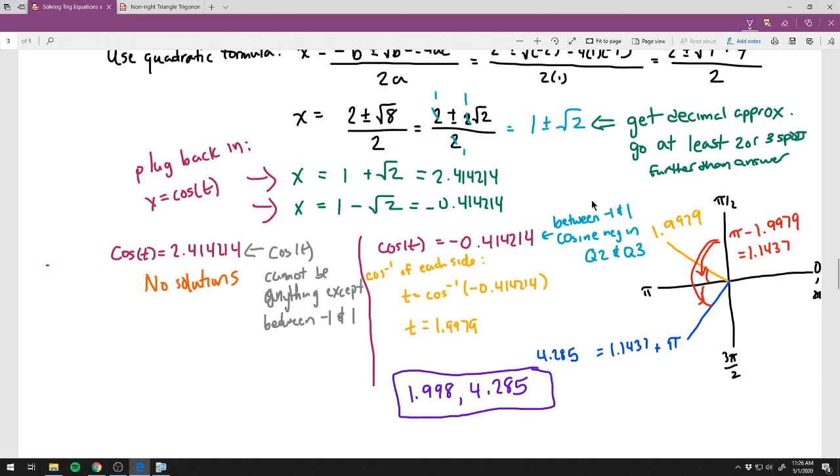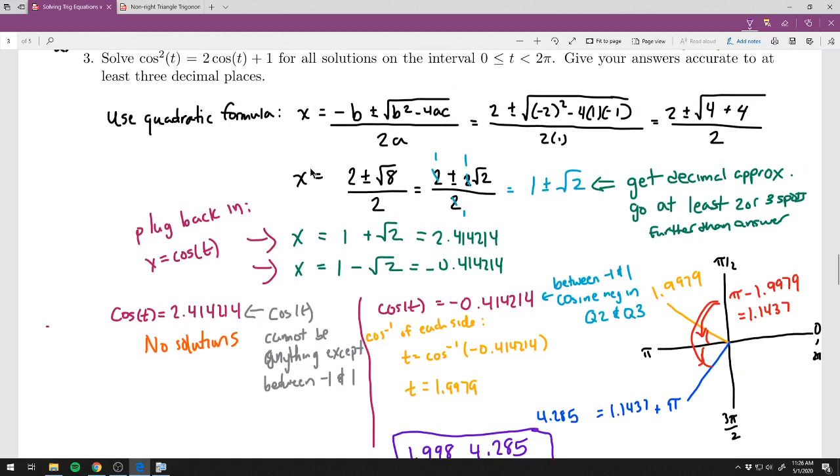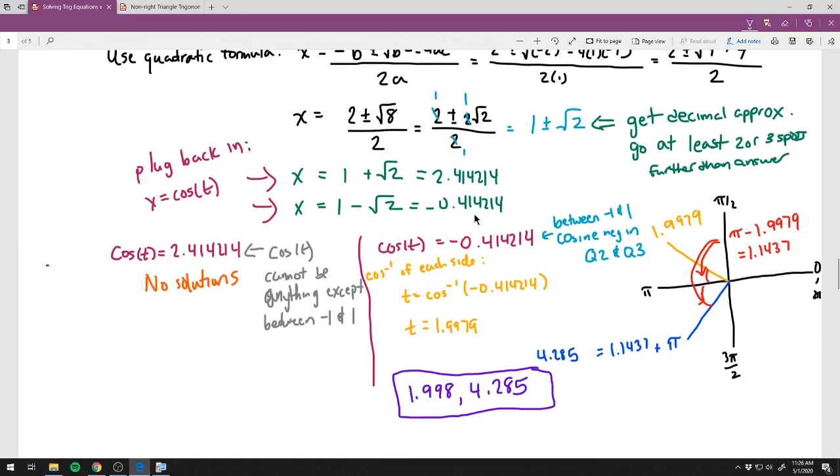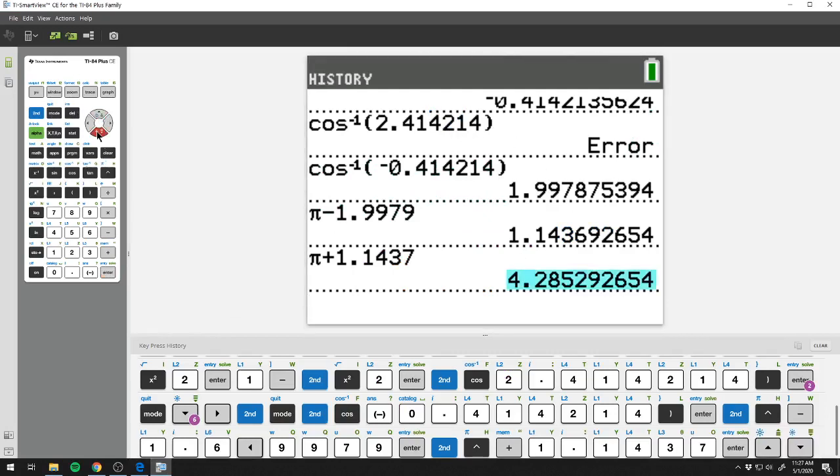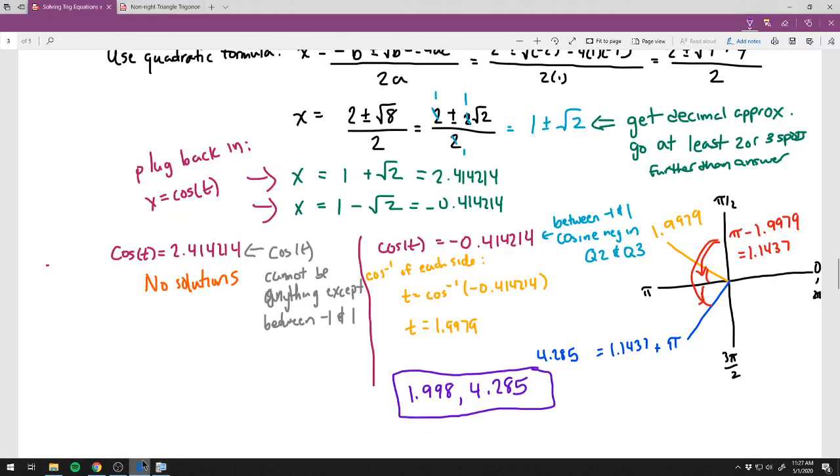But one thing like I mentioned before, you want to be really careful with, if you type this in your calculator to get the decimal approximation, you have to go a lot further than where your final answers are going to be. If you want to be super safe, I know not everyone's calculators can do it, but if you have this kind of calculator, you can just scroll up and highlight it, or just type in that whole thing to be extremely safe.